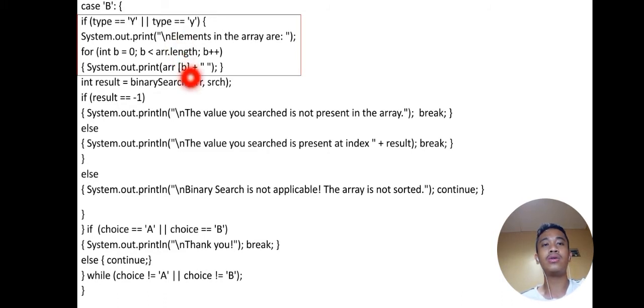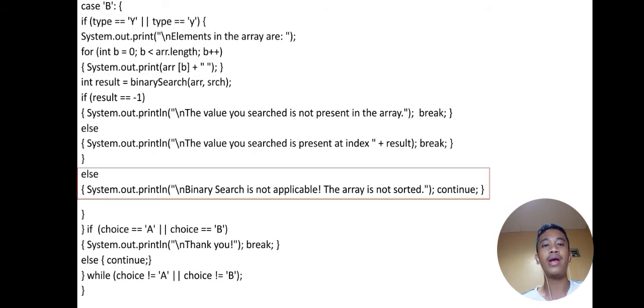So this code will not be performed. So we will skip to the else statement. Under our else statement, we have to print binary search is not applicable. The array is not sorted, and continue.